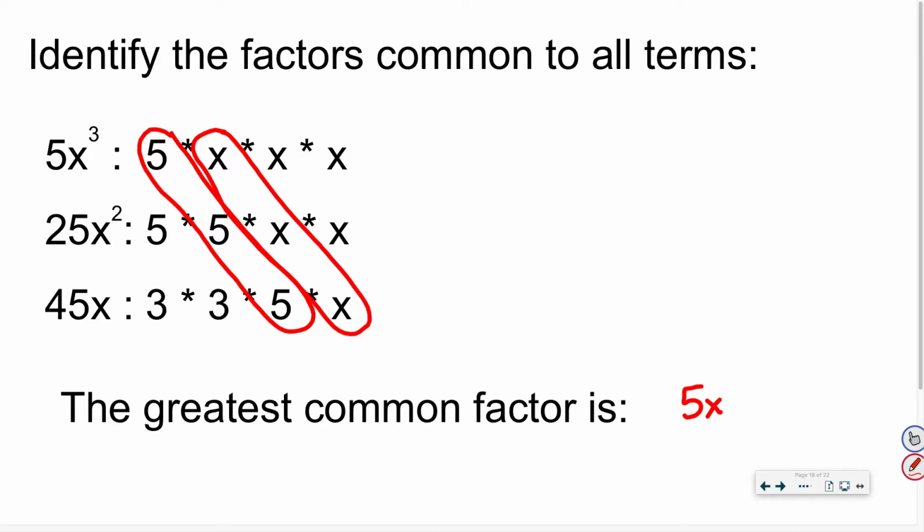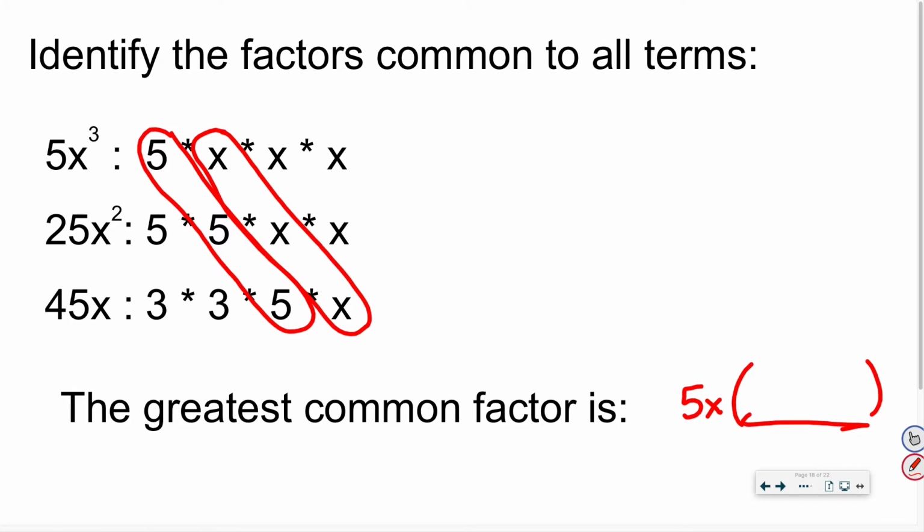Now in a few minutes I'm going to show you what we could do. Okay, so let's say we factored out the 5x. What do you think would go in the parentheses? If I needed to fully factor the expression, how would I figure out what goes inside the parentheses? Remember, I'm doing it in reverse. I need to figure out what was inside here, that when I multiplied by 5x, I ended up with 5x cubed plus 25x squared plus 45x.